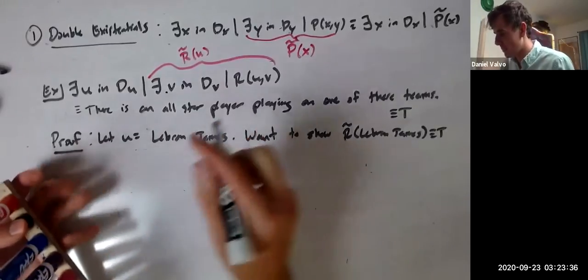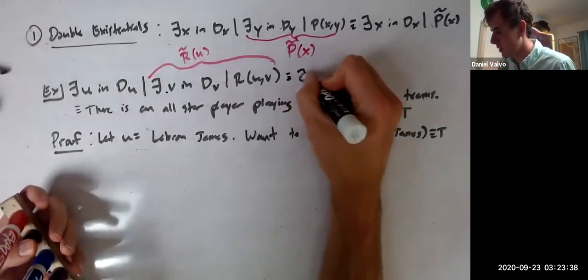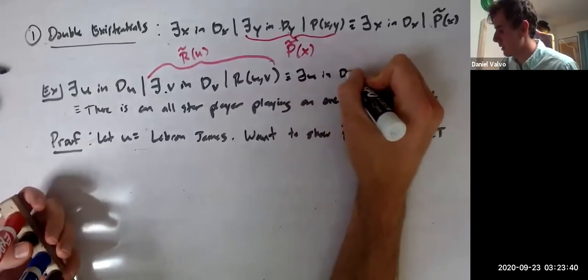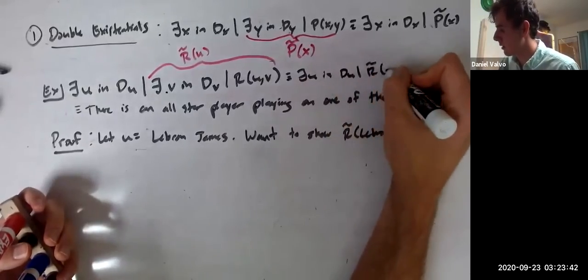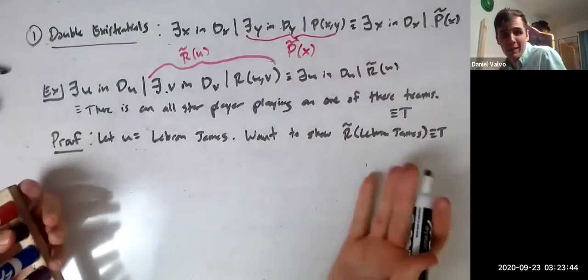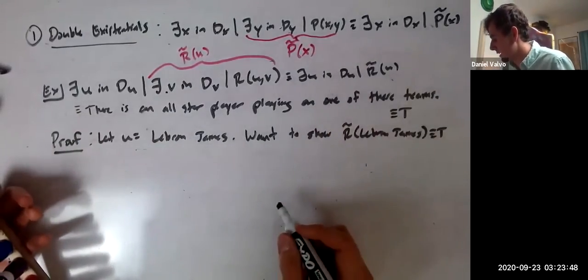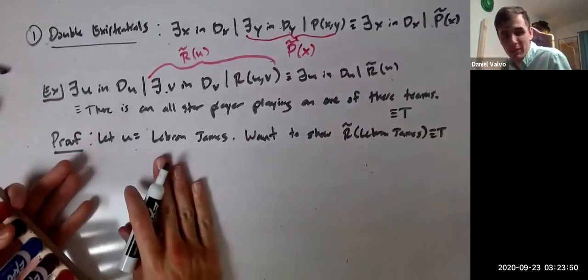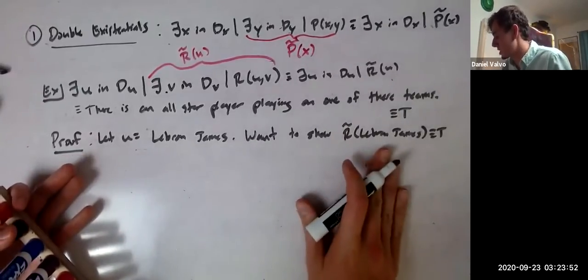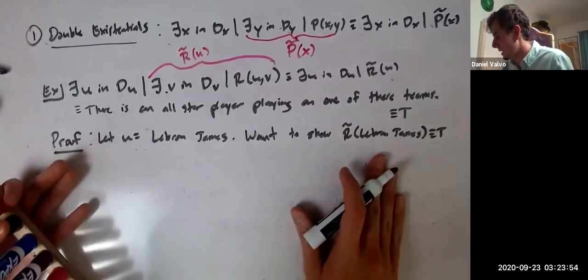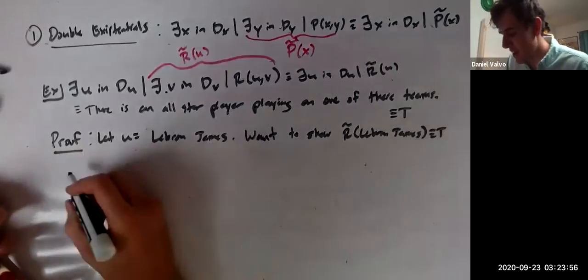Because this statement is just equivalent to there exists a U in du such that R squiggly of U. Just an existential statement. To prove an existential statement, we get to define one that satisfies the predicate. So we think LeBron James satisfies the predicate, so we just want to show that LeBron James does in fact satisfy the predicate.